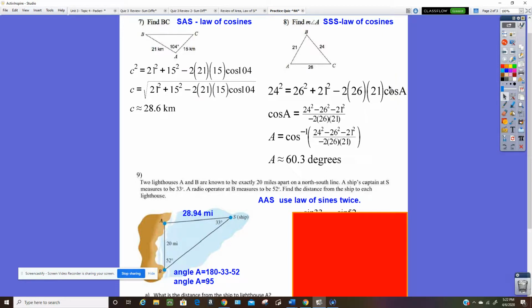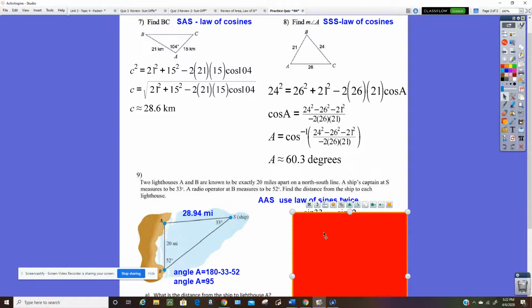I just make A angle C in that formula. Manipulating the equation, you get this ratio right here, which is cosine A. Then to find A, you do the inverse cosine of the ratio, and you get 60.3. And number 9 is the 2 lighthouses. You want to find each of these sides here.